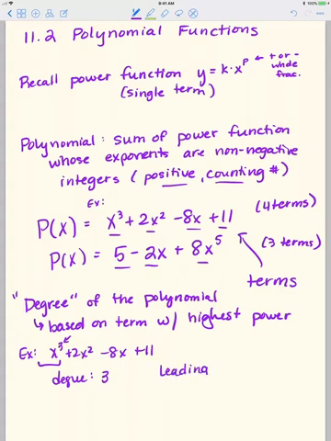The fact that that x cubed term has the highest degree, there's another phrase that you need to know called the leading term. And the leading term is going to be whichever term has that highest power. So whichever term has that highest power, it's that whole entire term. So in this case, the one x cubed.